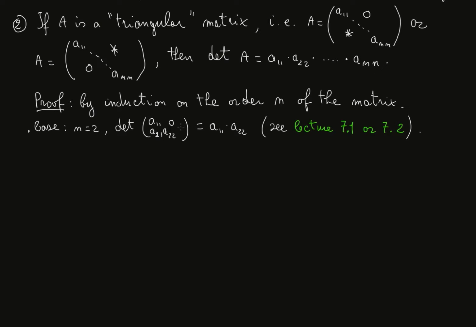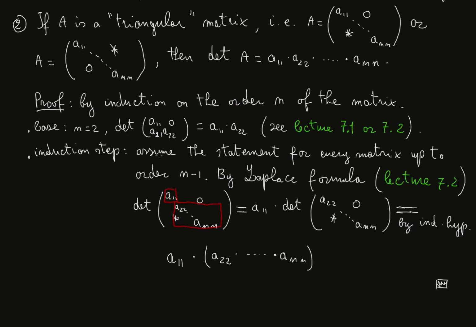Well, we have the formula already for the determinant of a 2 by 2 matrix: the product of the first coefficient of the first row times the second coefficient of the second row, so a11 times a22, minus the product of the second coefficient of the first row times the first coefficient of the second row. In this case that would be 0 times a21, which is 0. So we just have the first summand, a11 times a22, exactly as we wanted. So the base is settled. Let's see now the induction step.